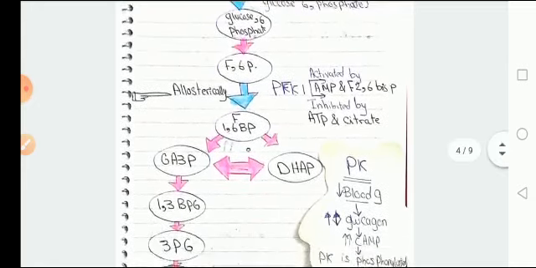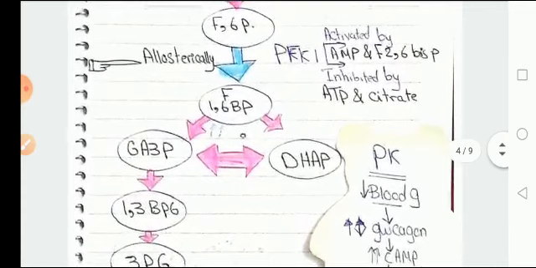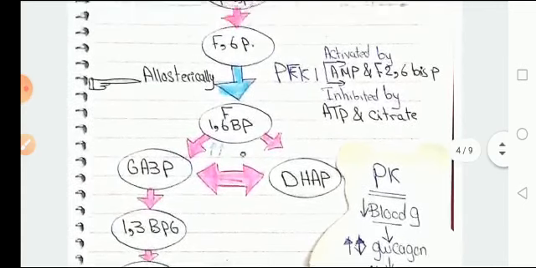Then, fructose 6-phosphate. Phosphorylation to fructose 1,6-bisphosphate is allosterically regulated via inhibition or activation of phosphofructokinase 1. The enzyme is inhibited by ATP and citrate. Actually, high concentrations of ATP mean that the cell contains enough energy.